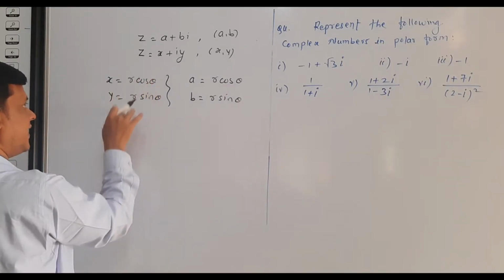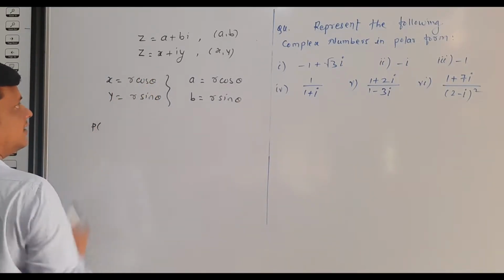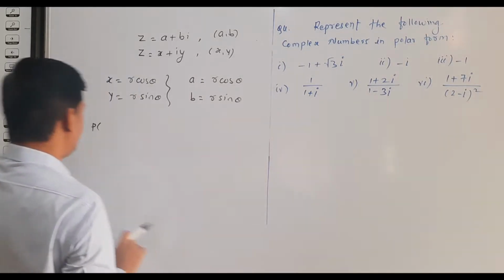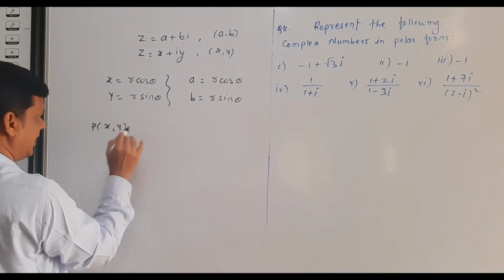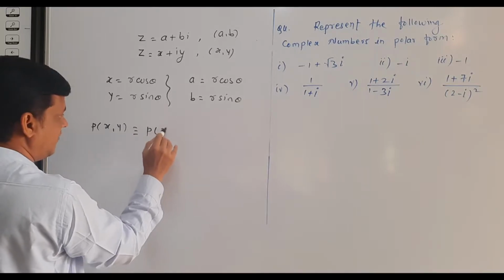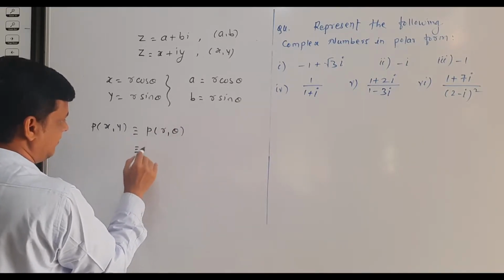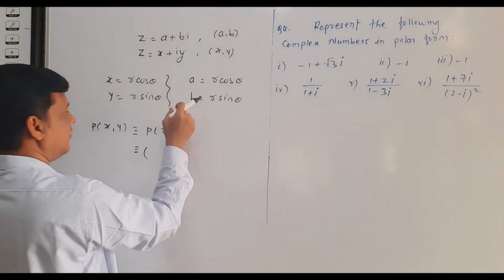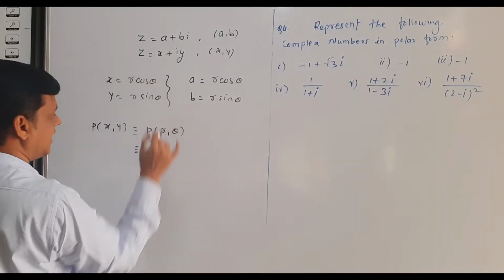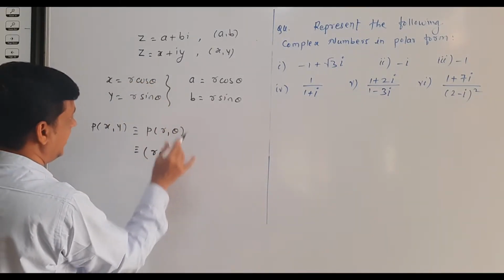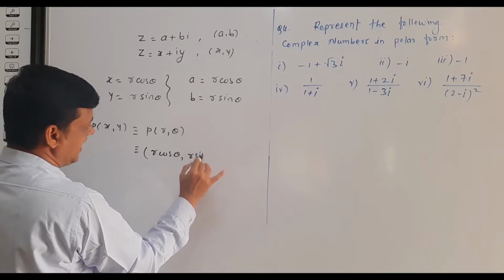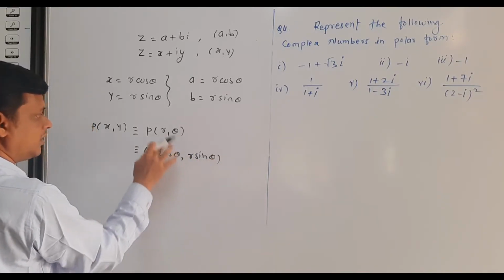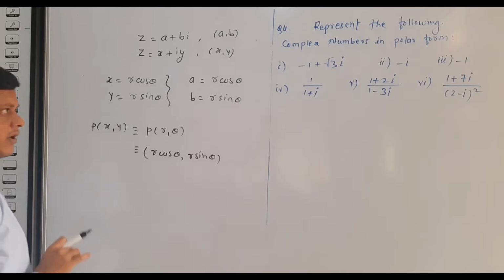So in place of the coordinate (x, y) we write the point P as (r, theta), where we replace x by r cos theta and y by r sin theta. This is polar coordinate form, and this is Cartesian coordinate form.